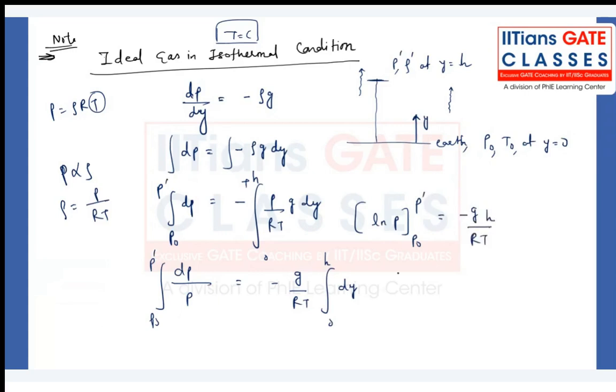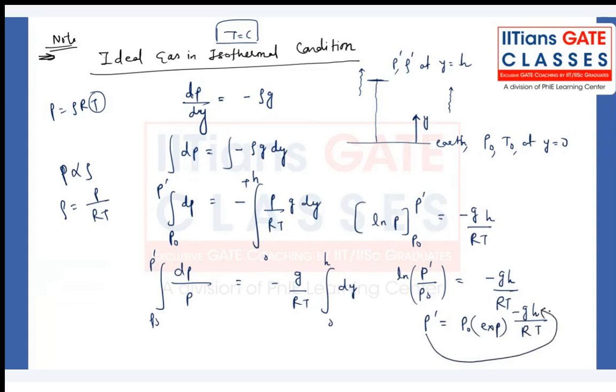So ln of p dash divided by p naught equals minus gh divided by RT. So p dash can be written as p naught into exponential of minus gh divided by RT. So how is the pressure varying with the height? Exponentially.